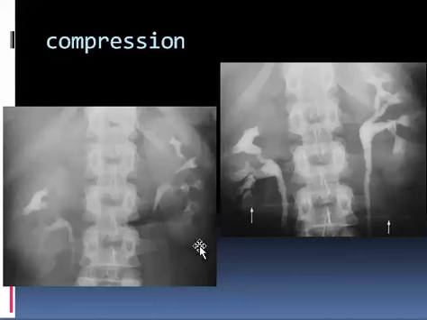This is normal, and this is normal for the same patient before compression, without compression, and with compression. Here you will have a chance to see well the arborization and the calyces, whether minor calyces or major calyces, better than in this one.